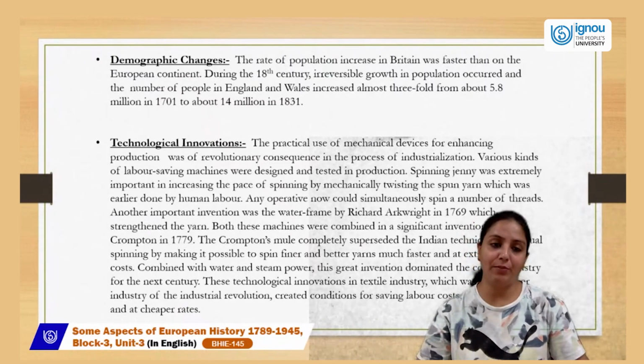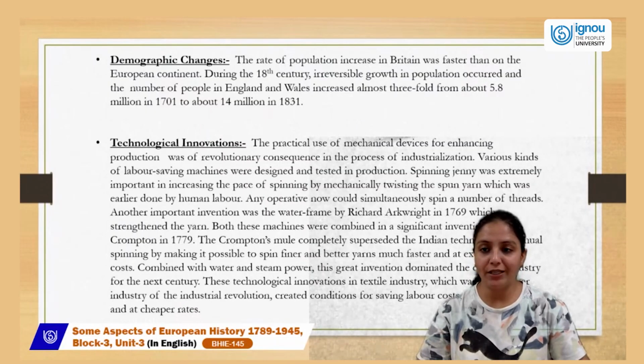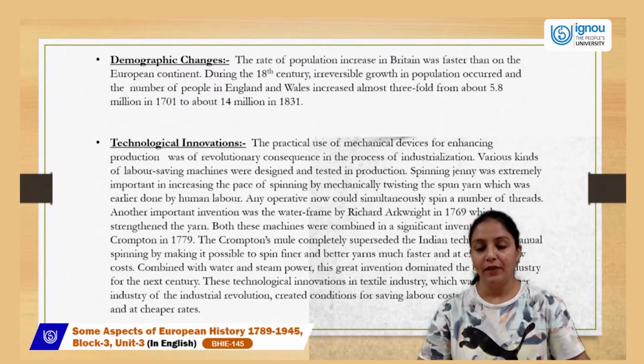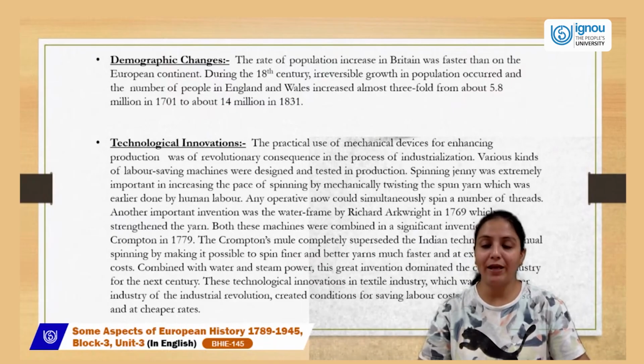Various kinds of labor-saving machines were designed and tested in production. The spinning jenny was extremely important in increasing the pace of spinning by mechanically twisting the spun yarn, which was earlier done by human labor. Any operative could now simultaneously spin a number of threads.